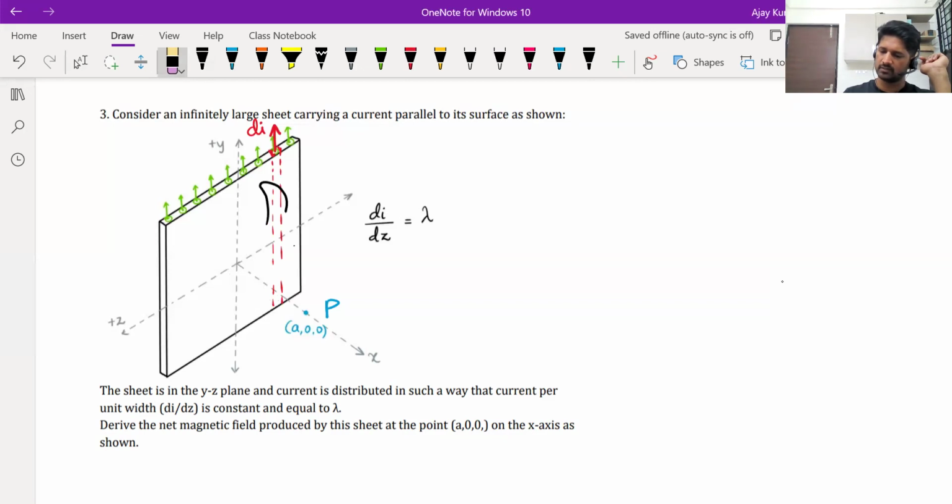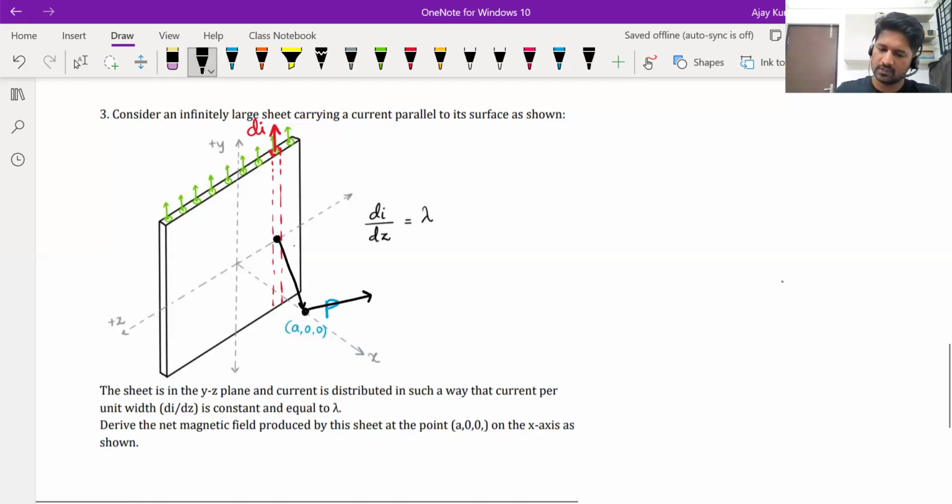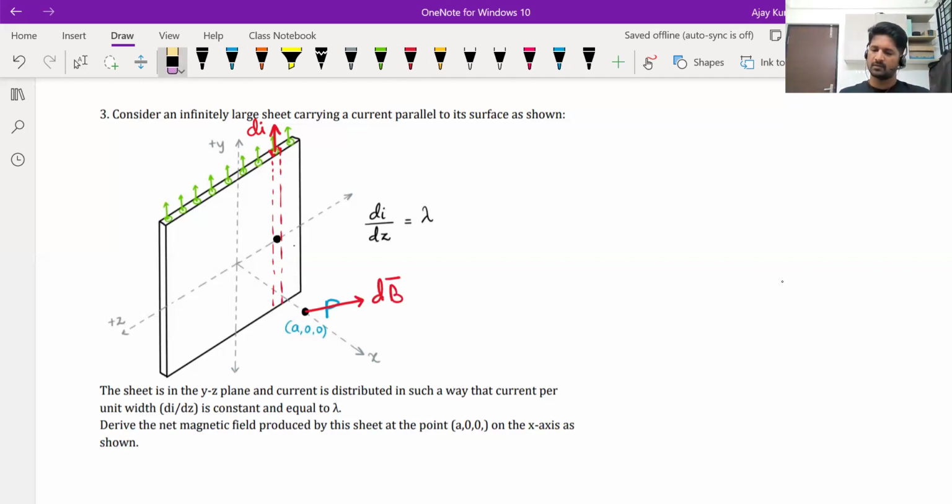So the direction of magnetic field produced by this current, you'll have to effectively join this point on the z-axis to this point P. The field will be in this direction. Let me draw it in red itself. So that element will produce a magnetic field this way, dB.